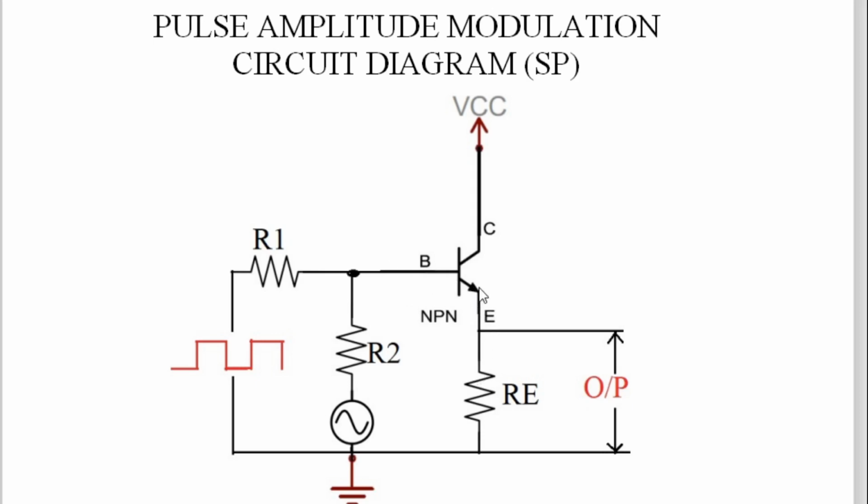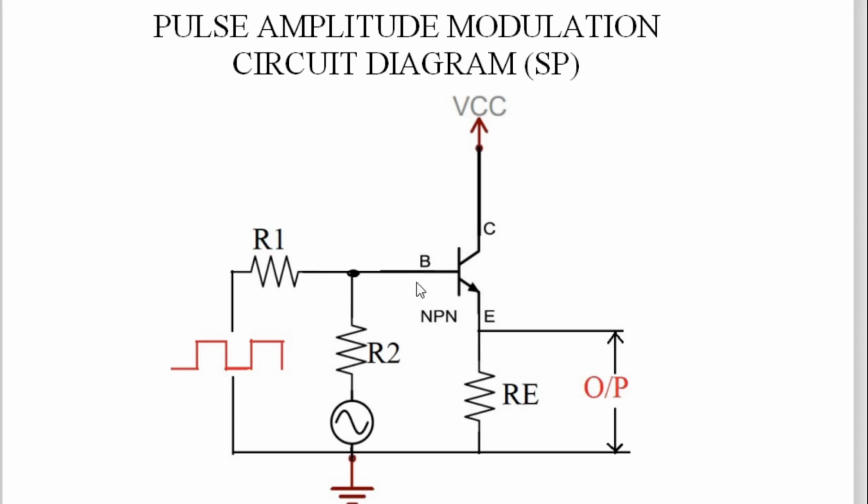And after that there is an Re, and the voltage across Re is nothing but the output voltage. This transistor is our modulator. Now to this modulator we are applying two signals. One signal is a square wave which is the carrier, and the other signal is a sine wave which is the modulating signal, information signal, baseband signal.